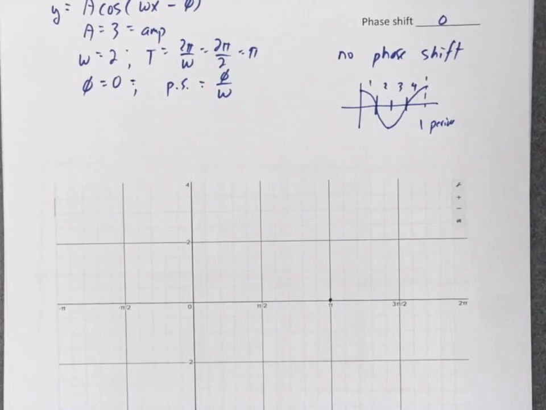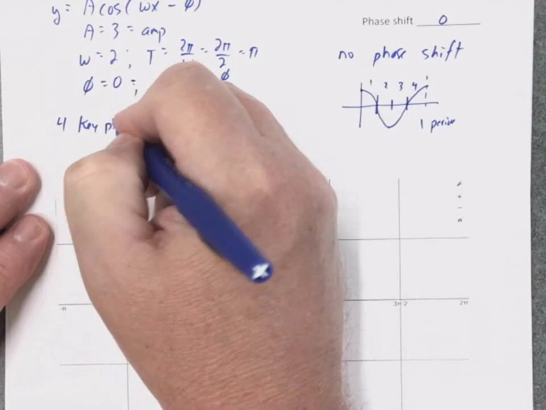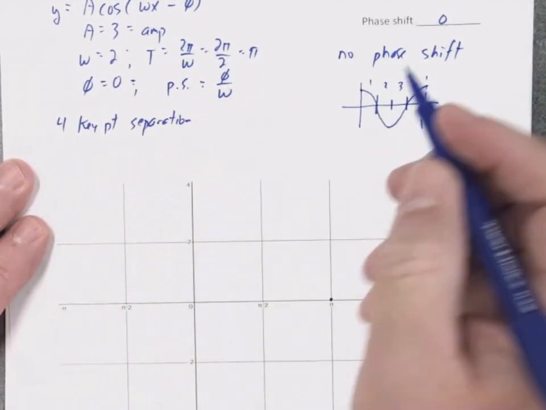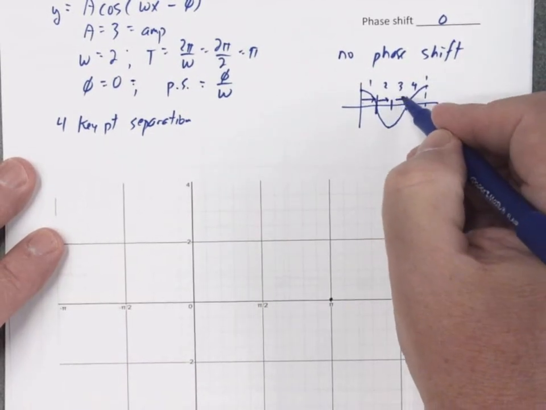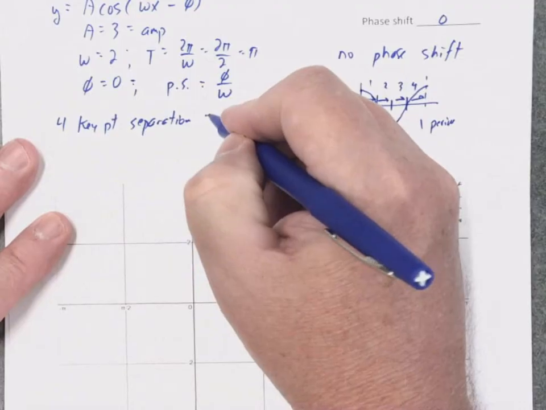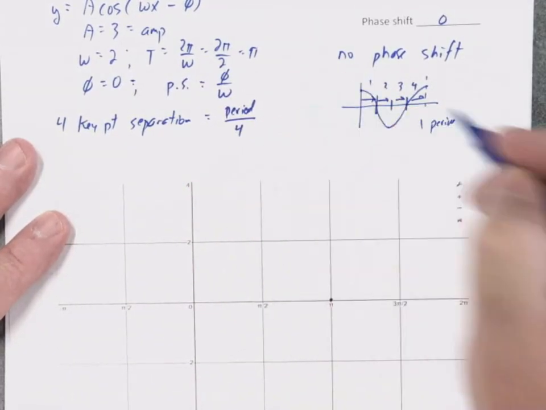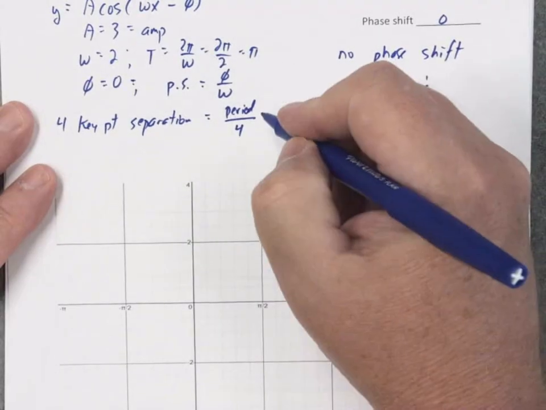I call it the 4 key point separation. In other words, how wide are these 4 little regions here? And the way you get that is you take your period, whatever your period is, and divide it by 4. Since we have these 4 regions inside of one period, obviously we divide the period by 4.